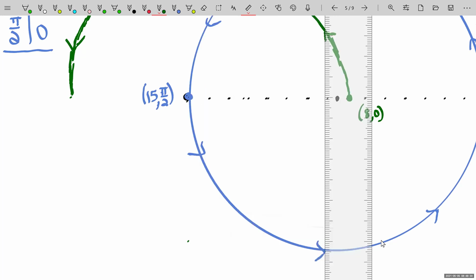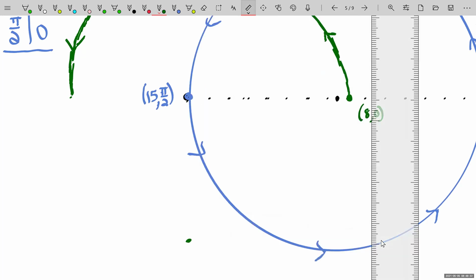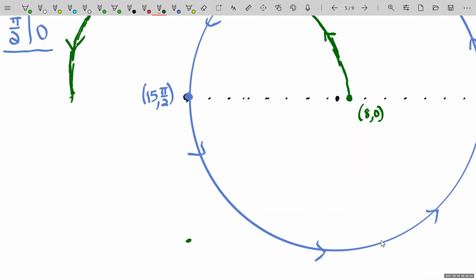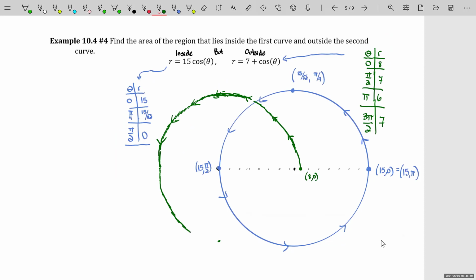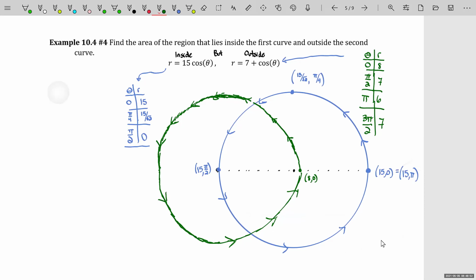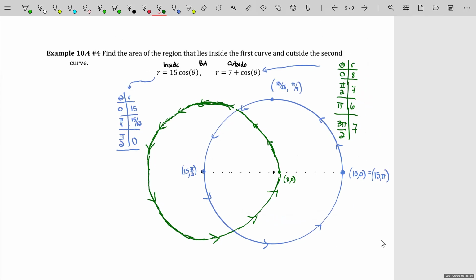There we go. I'm done with that ruler. Boom. Just looking at least somewhat symmetric. And pretty much most polar curves are symmetric. So I'm just going to do this. There we go.